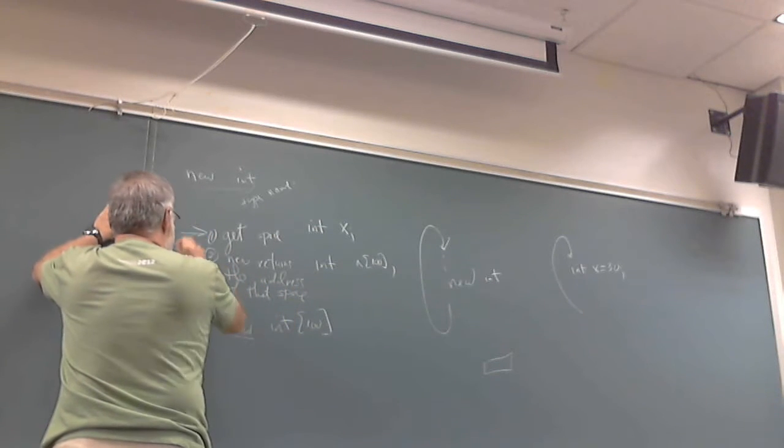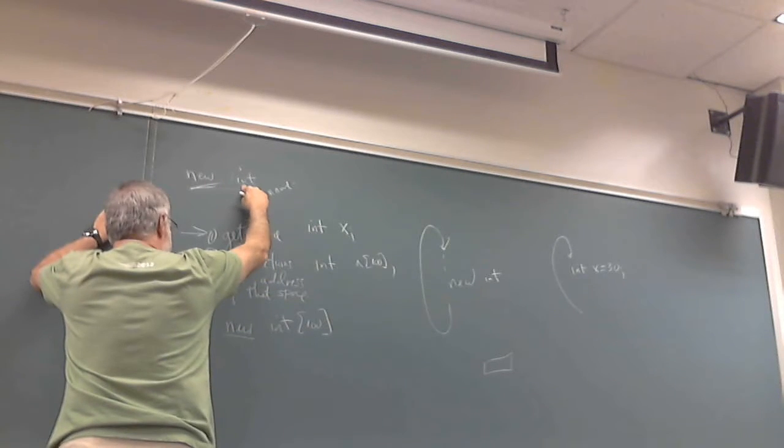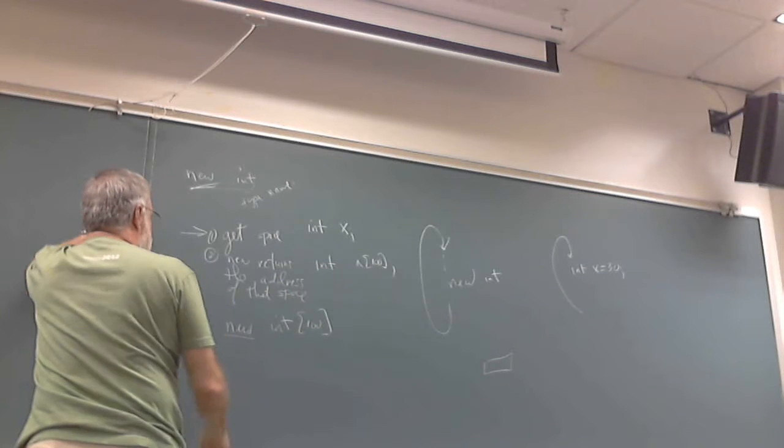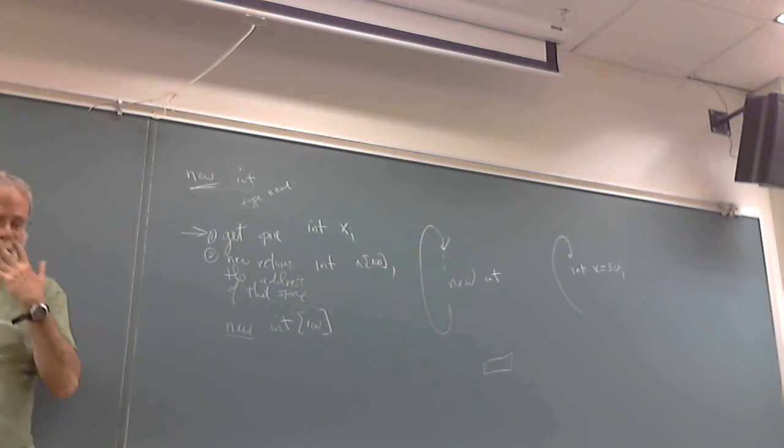So when you use new, you get the space that you asked for, and the second thing is new returns the address of where that space begins.